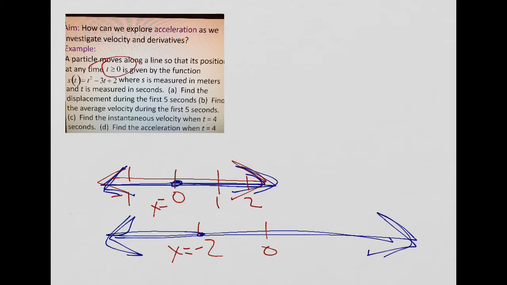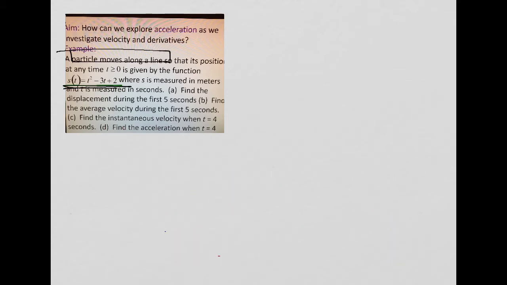Since t is time, that's why it says t is greater than or equal to 0. Okay, so its position is given by this function, s of t. Now you can see that it is a curve, but that's not telling you that the particle is somehow not moving along a line. Okay, it's still on the line, but where it is on the line is given by s of t. Okay.